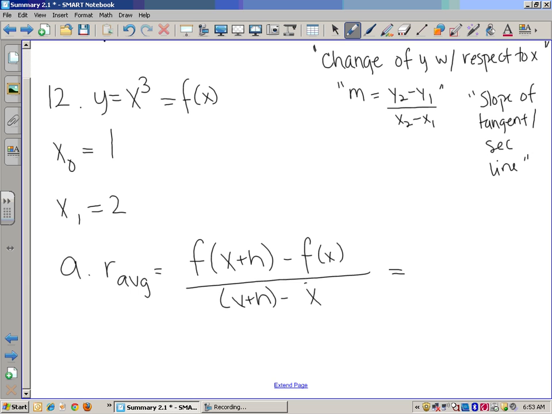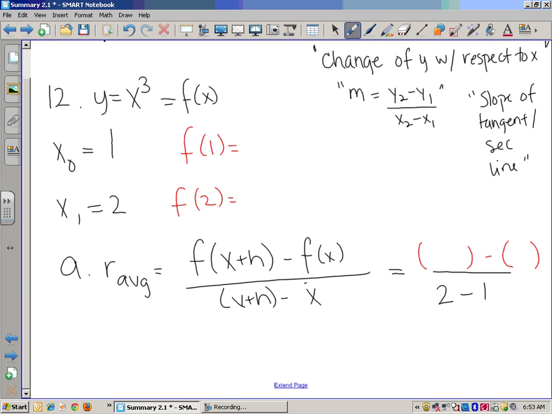So this is just algebra 1. 2 minus 1 goes on the bottom. Now, how do I figure out what's going to go here and here? How do I find out what f of 2 is and what f of 1 is?